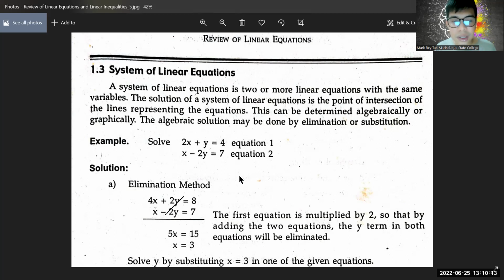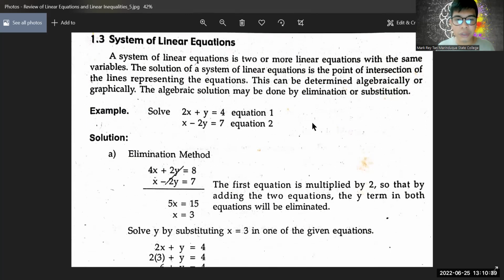And then, once we plotted it, makikita na natin yung solution set. Pero ang kaibahan dito, hindi na intercept method yung pag-solve natin. Ito na siya. Sabi dito, this can be determined algebraically or graphically. So the algebraic solution may be done by elimination or substitution.